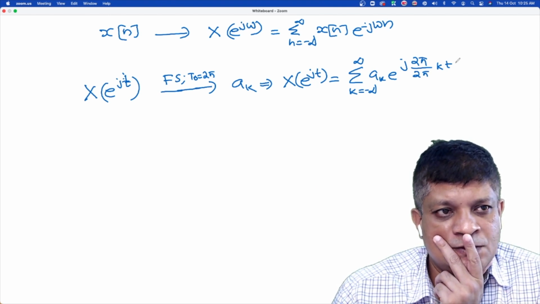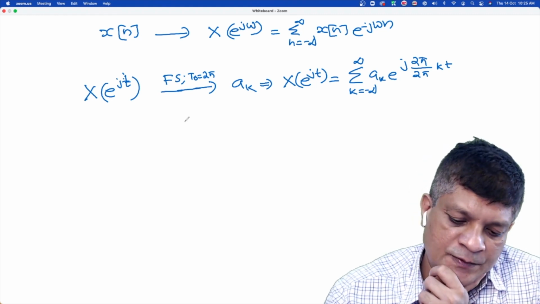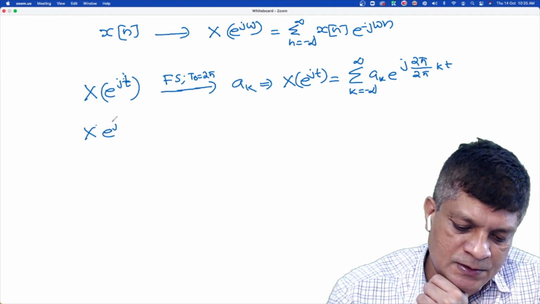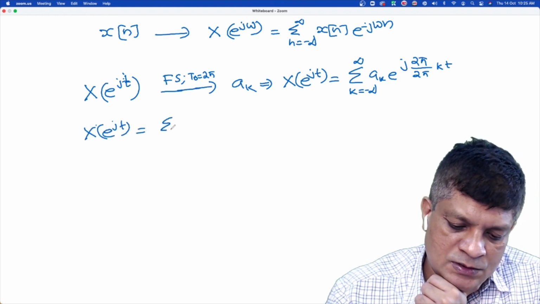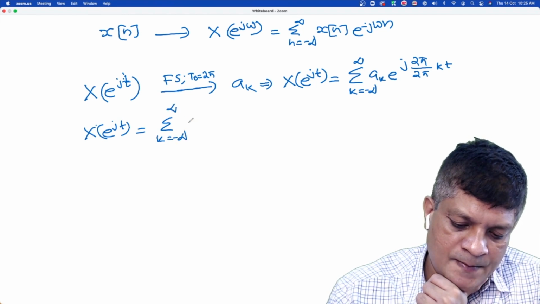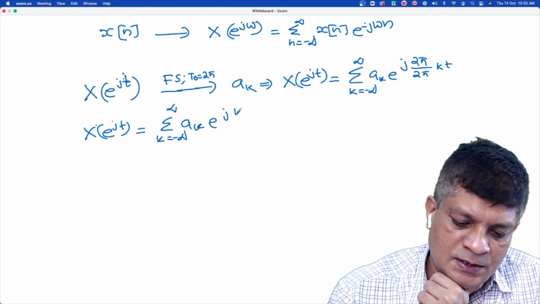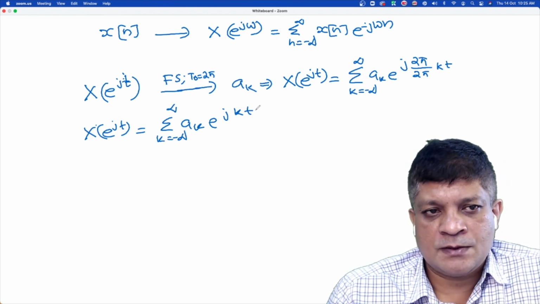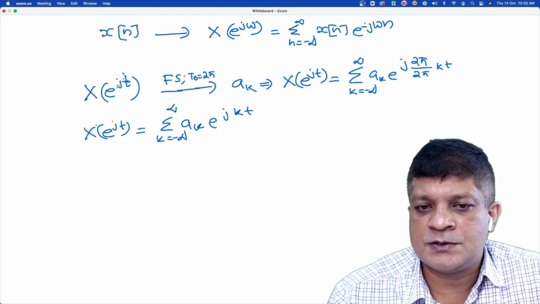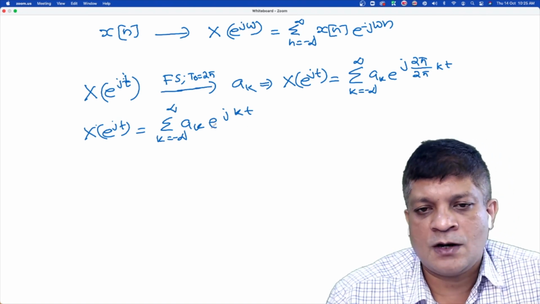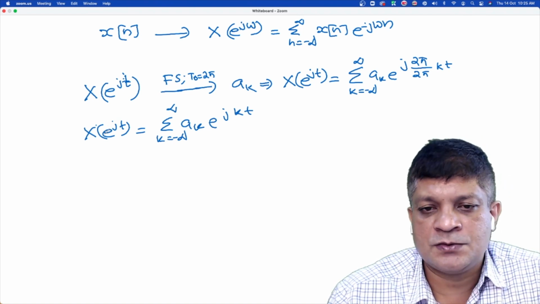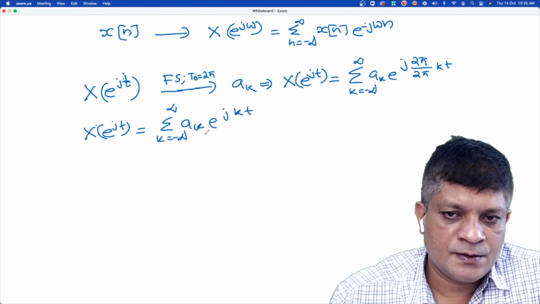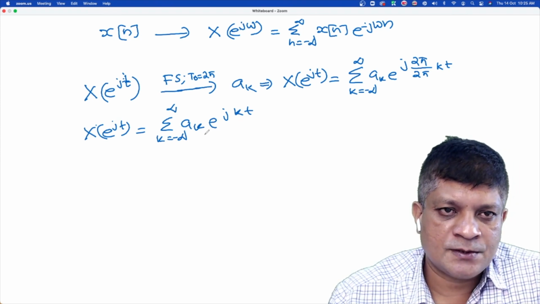Yes, sir, this is the Fourier series summation, right? So we can write this as X(e^{jt}) equals the summation over k of a_k e^{jkt}. That is the Fourier series summation. If a_k are the Fourier series coefficients of this signal, this is how we express the signal X(e^{jt}) as a linear combination of complex exponentials.